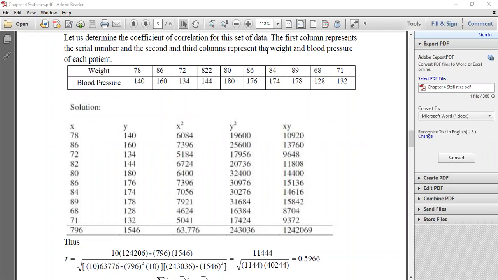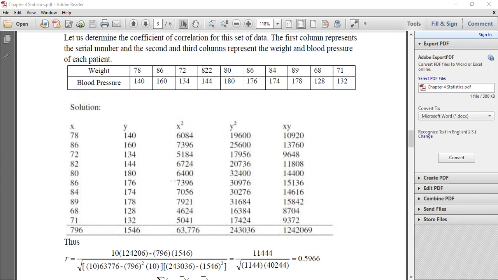Yes, Gideon? The total for x squared. Is it 63.776?